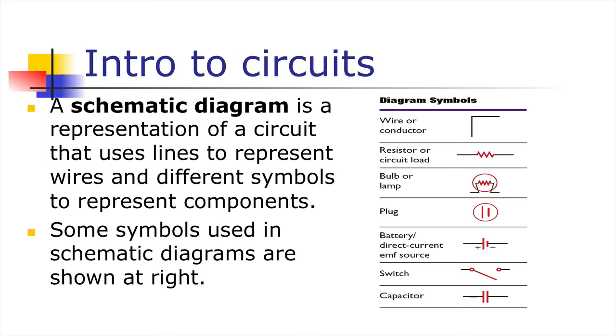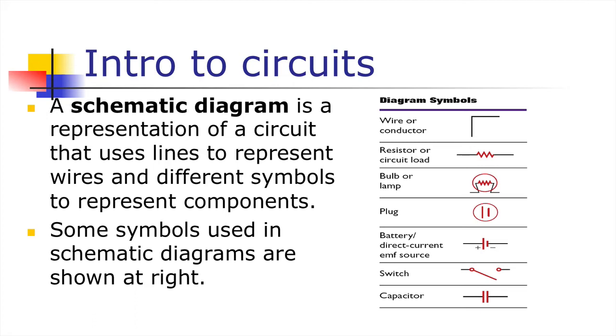Whenever you see two parallel lines, one short, one long, that is a battery. And of course there is a switch, and a capacitor, but you don't have to worry much about it, because we're not going to talk about circuits that contain capacitors.